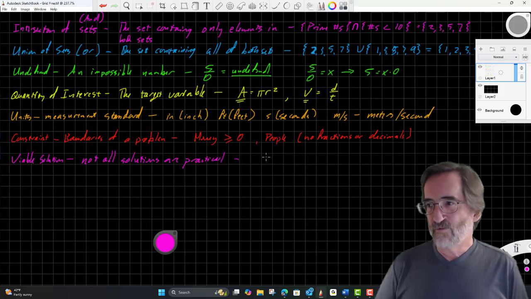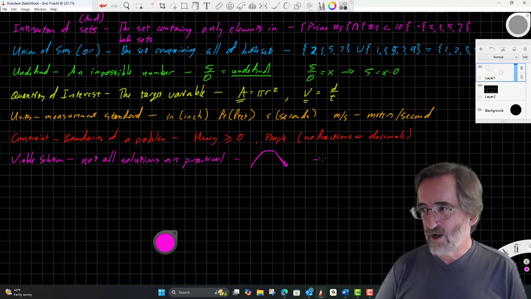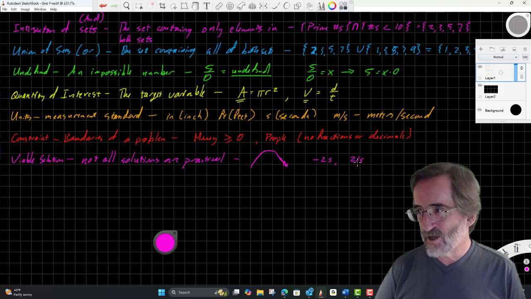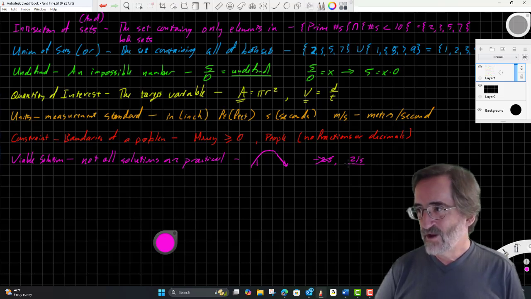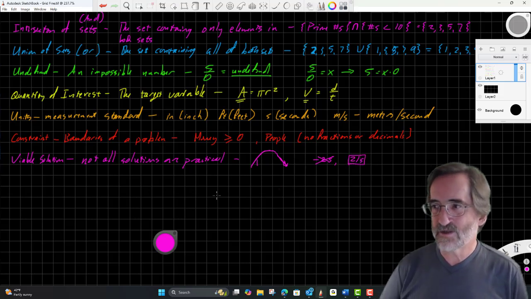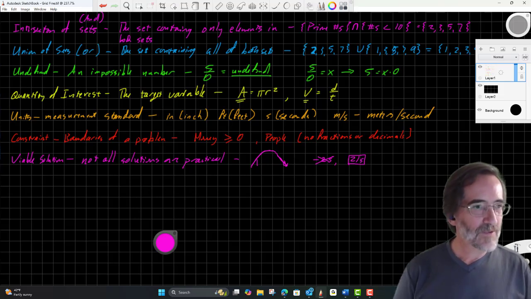For example, if we did a problem where we were launching a rocket and wanted to find the time for it to reach the ground again, and we got a negative 2 seconds and a positive 21 seconds, the negative 2 seconds is not a viable solution because we don't go back in time. So we would take the 21 seconds as a viable solution. That is it.